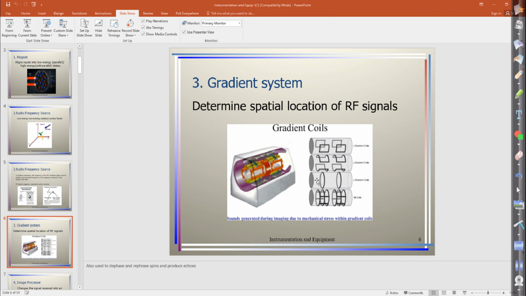Ultimately what they're doing is changing the magnetic field slightly in a predictable linear fashion so that we can select a slice and then select a specific voxel within that slice.